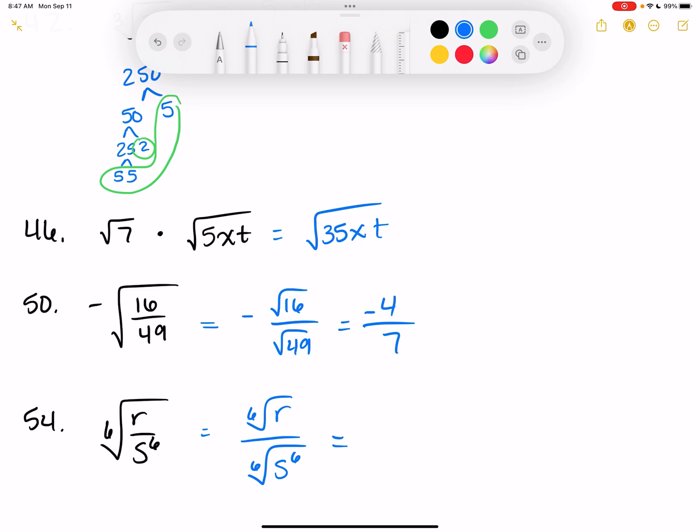Can I do anything to the top? No. So the top's going to stay. What about the bottom? It's just s, because there are 6 s's in there, so I can take one of them out. And so we're just left with the 6th root of r over s.